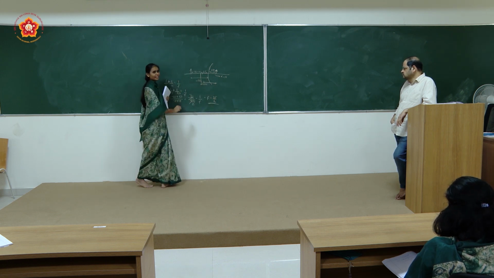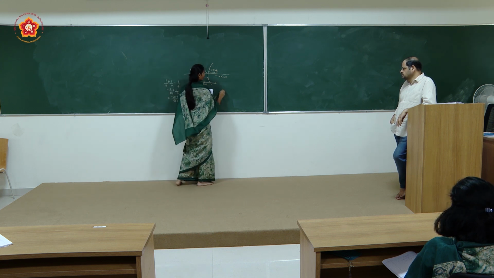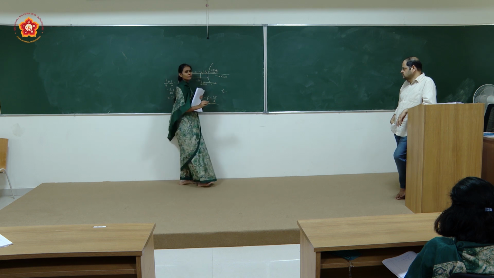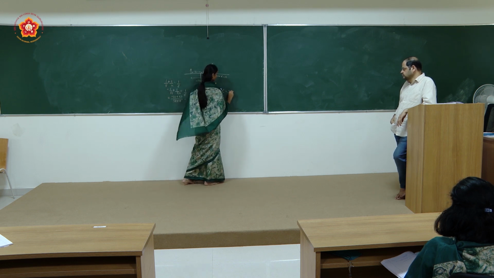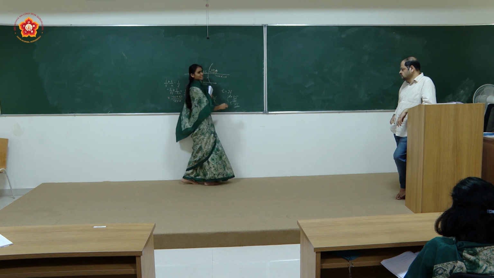If we solve this, we will get F is equal to 25 by 2. So as we know that C is equal to 2F, therefore C is equal to 25.